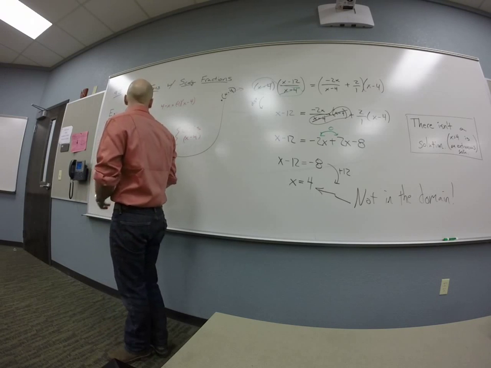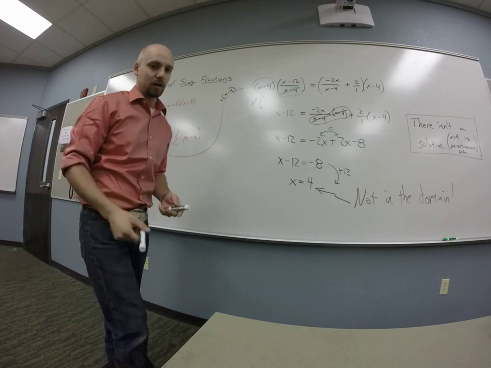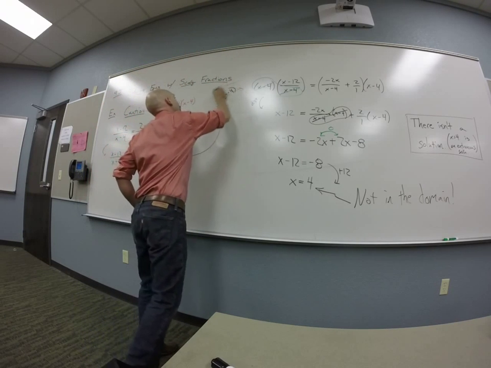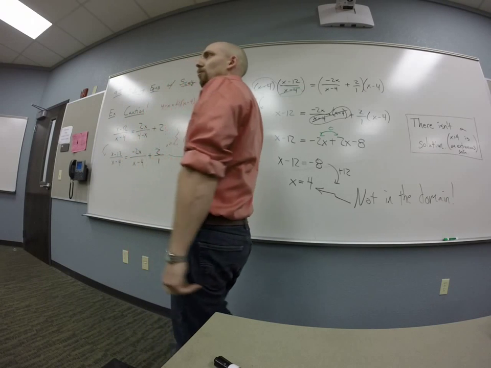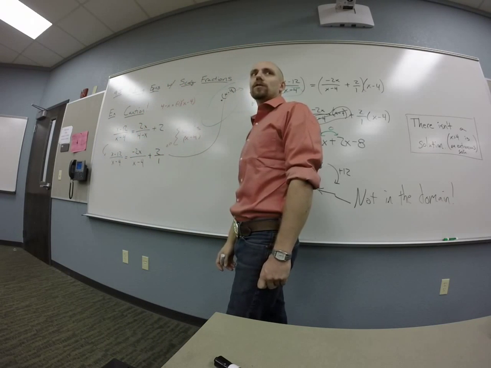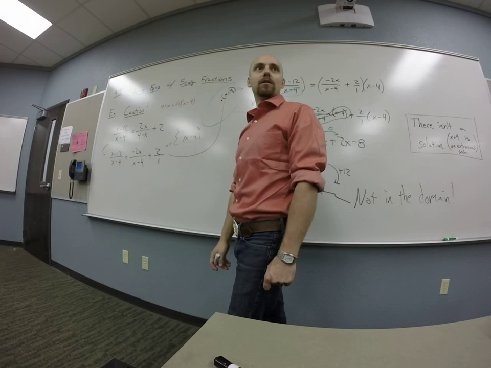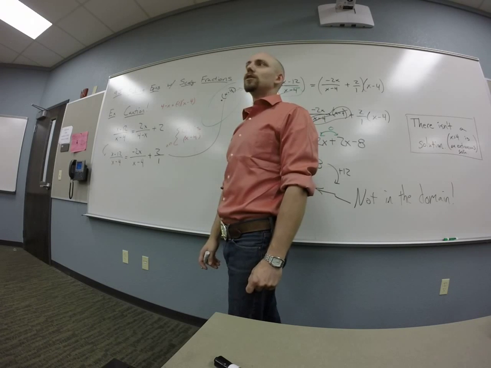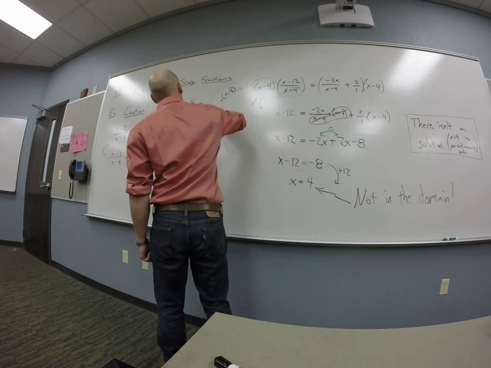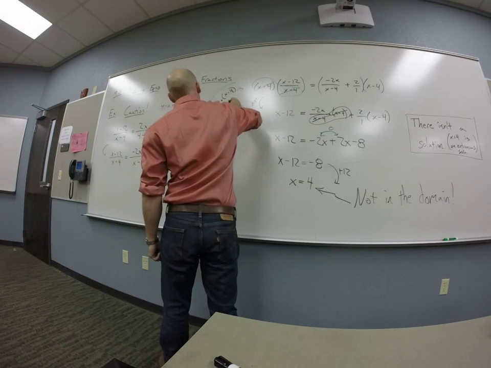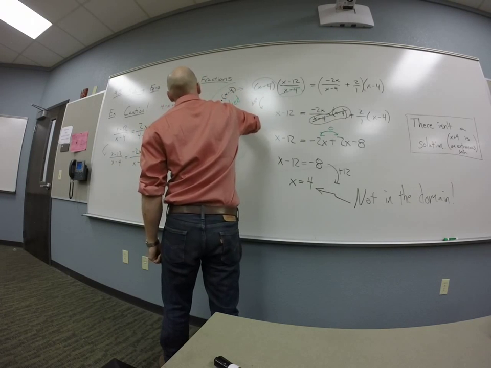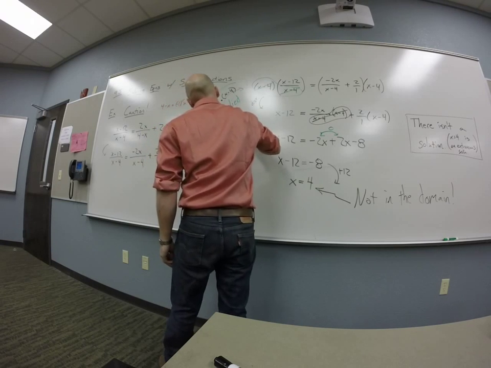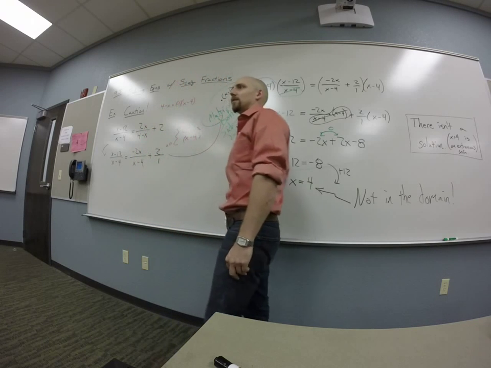Okay, so we can see that somewhere else here. So where was that extraneous solution somewhere else? At the beginning here, we multiplied both sides of the equation by x minus 4, right? If x is 4, what's x minus 4? 0. So we multiplied both sides by 0, right?